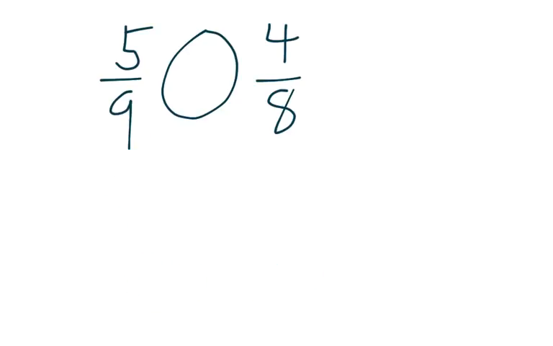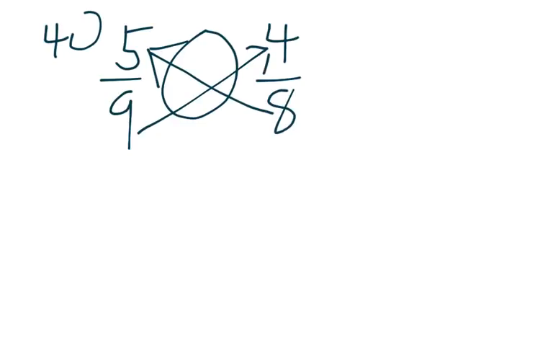So you can just skip that step because you know you're automatically going to get the same denominator and do cross multiplication. So 8 times 5 is 40, and then 9 times 4 is 36.